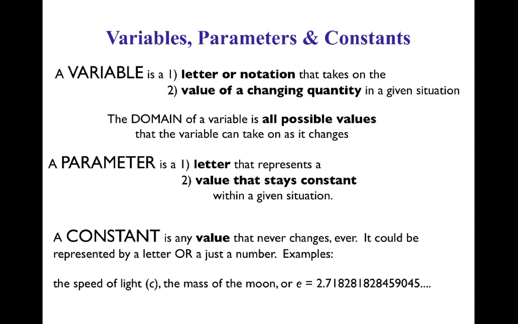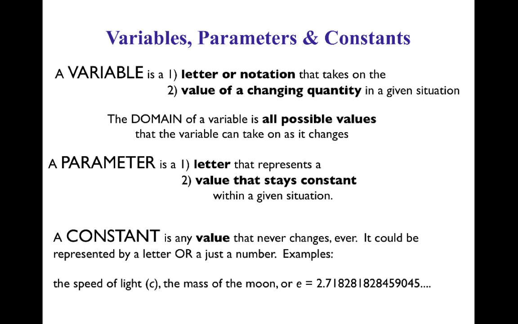Okay, so yes, we can imagine a scenario where the mass of the moon might change, like it gets hit by a giant meteor or something. We come up with these kinds of fantastic situations. But is it appropriate to say that the mass is a parameter or a constant? A constant.